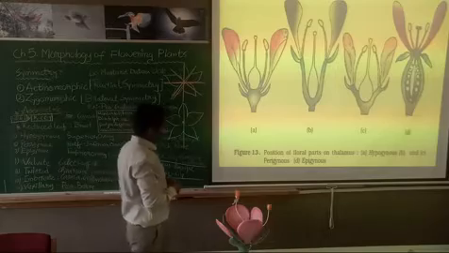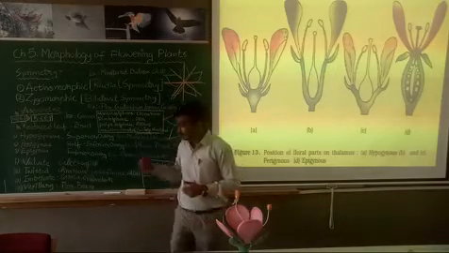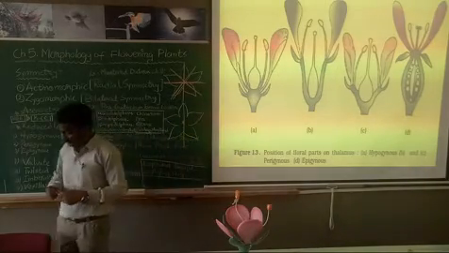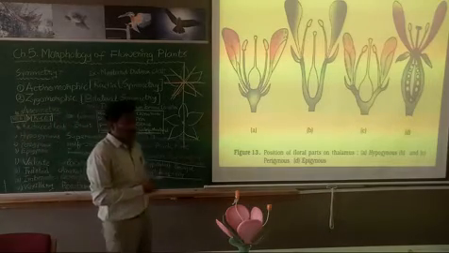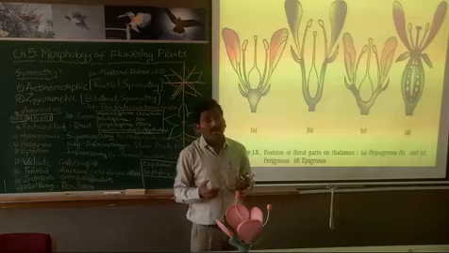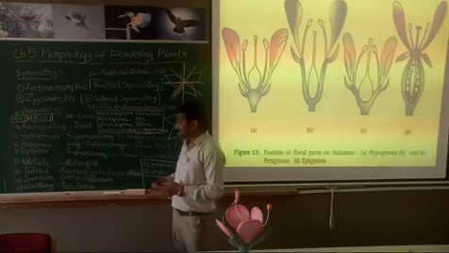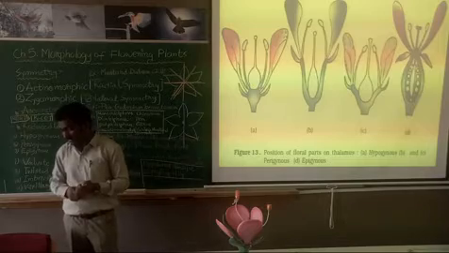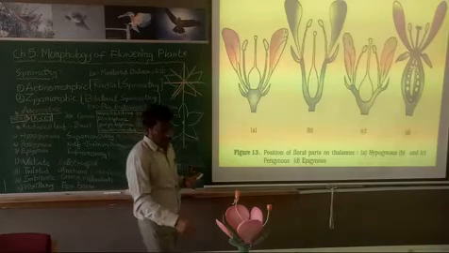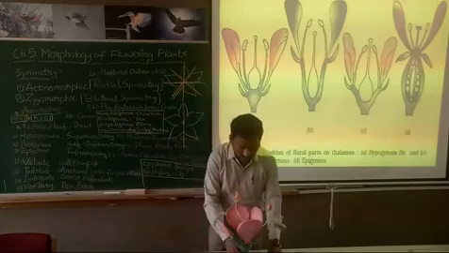Next, one more important point. Next, I would like to discuss with you. A flower may be trimerous or tetramerous or pentamerous. What is this trimerous, tetramerous, pentamerous and polymerous, etc.? Trimerous. Okay, I will show you here.